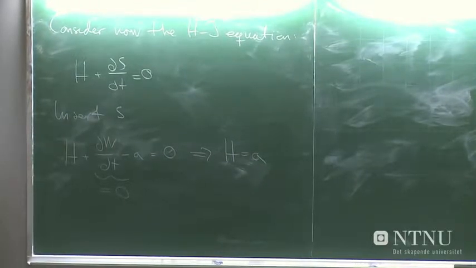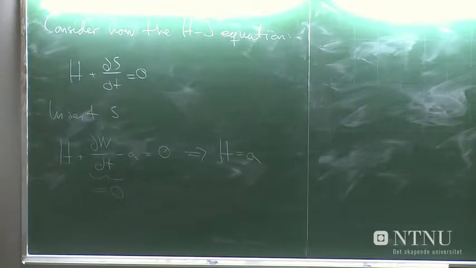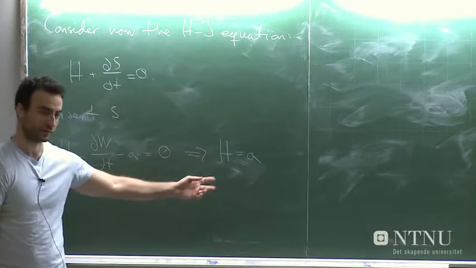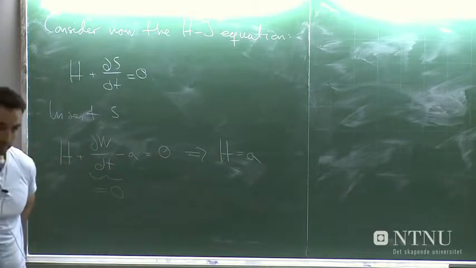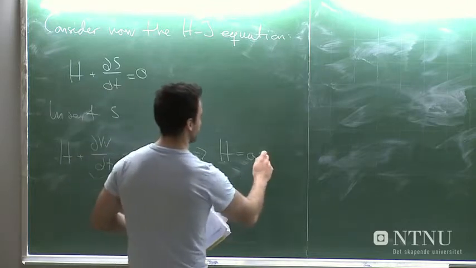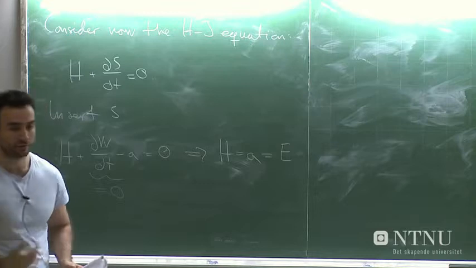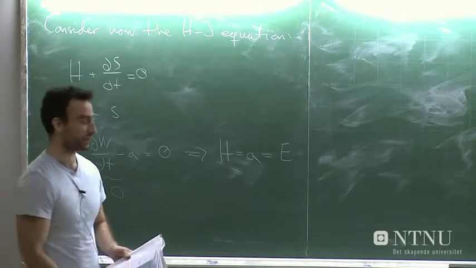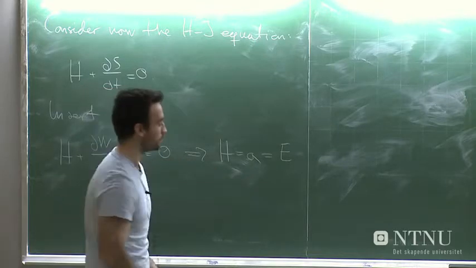There's no explicit time dependence, meaning that we have a conservative system. So H is apparently some constant. Yep, the energy. So for a conservative system, the Hamiltonian is just a constant and is given by the energy. So A is in fact the energy in disguise.